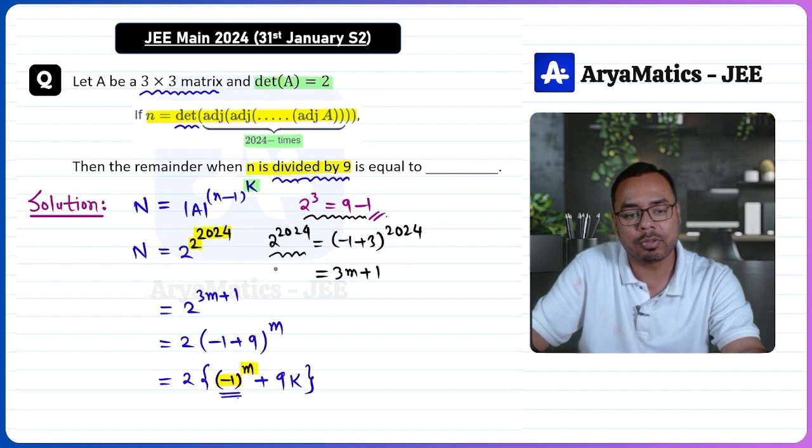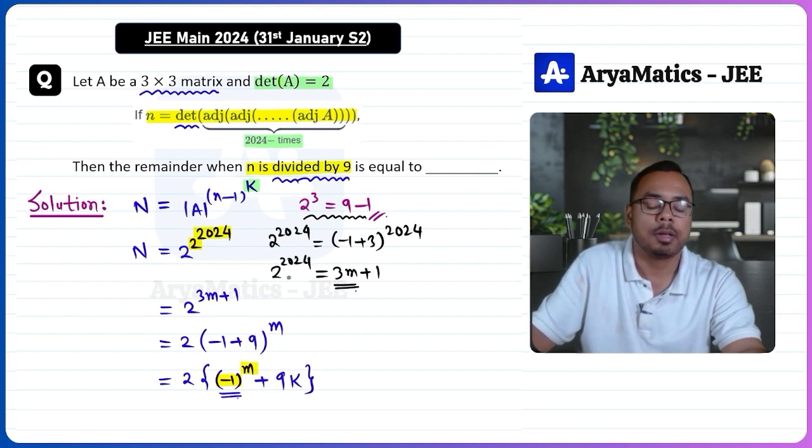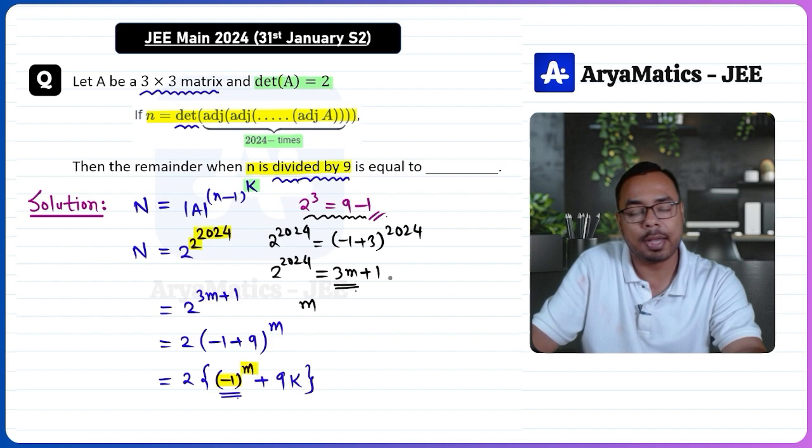So for that we have to look at this equation. We got 2 raised to 2024 as a multiple of 3 plus 1. The left hand side is an even number, since 2 raised to 2024 is even. So that means the right hand side must be even. If 3m plus 1 is even, then 3m must be odd, and if 3m is odd, m must be an odd number.